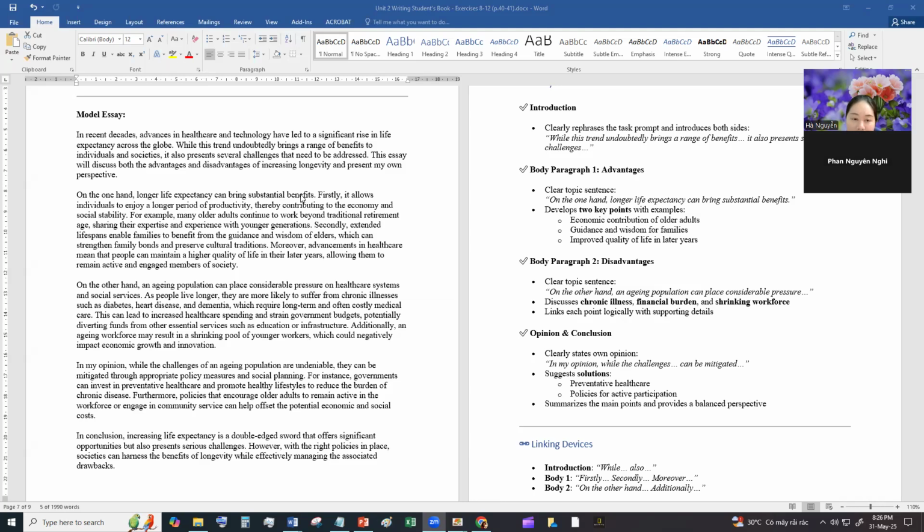So instead of people who are living longer can bring many good points, right? Instead of writing simply like that, academic writing uses a lot of noun phrases. You can see longer life expectancy and substantial benefits. So you see, academic writing often uses a lot of noun phrases and advanced nouns. So pay attention to that.